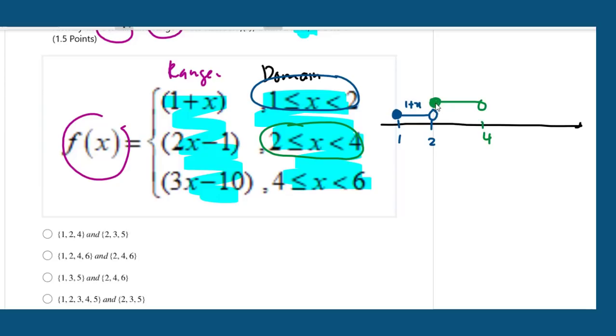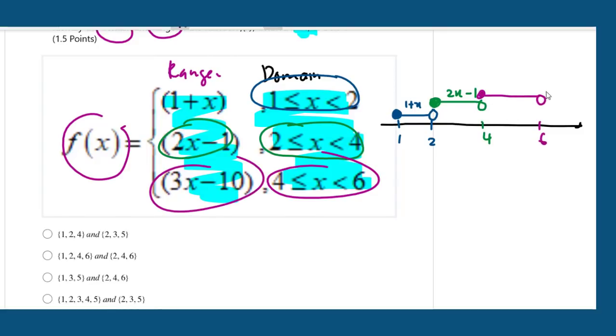Just write a different label for this one to show the different function. This function is 2x minus 1. Next is when the domain is from 4 to 6, with 4 included. The function is 3x minus 10.